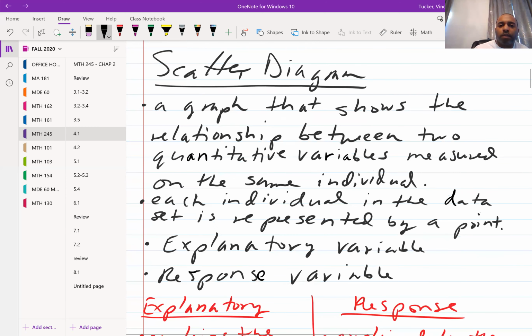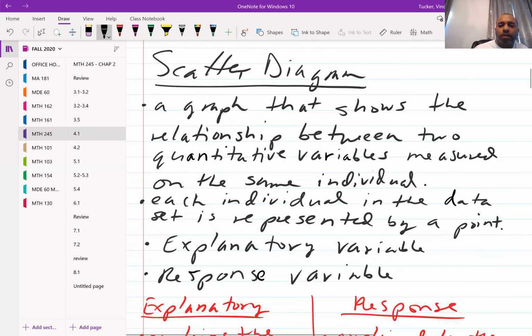When we give an actual example, you'll see in a second what we mean by that. Your explanatory is your X, your response is Y. That's your domain versus your range, input versus output, independent while your response is dependent.